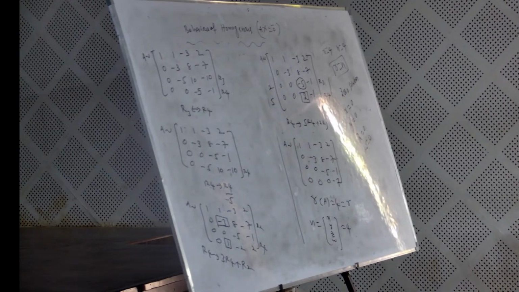No need for infinite solutions. Don't talk anything about infinite. It has one solution. X0, Y0, Z0, because the relationship between R and n is rank equal to n.